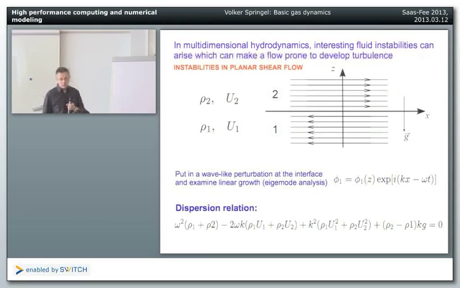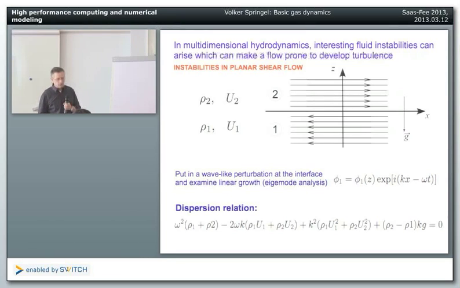The gravitational field needs to be compensated then by some suitable pressure gradient if you want to be in hydrostatic equilibrium, and that we assume has been established. So this gravitational field is still here with the g. And then we get this sort of dispersion relation relating our omega in our exponential with the wave vector k.